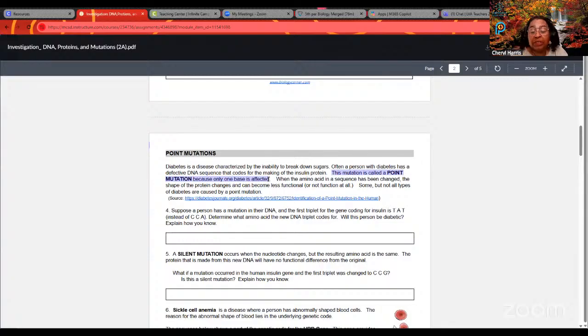But when that base is changed, it changes the sequence of the amino acids and creates a protein that is either less functional or not functional at all. And if it's not functional, the protein can't do its job. In this case, it's not helping the person break down the sugar the way they should, so they end up with diabetes, which means it leaves the sugar in the blood.